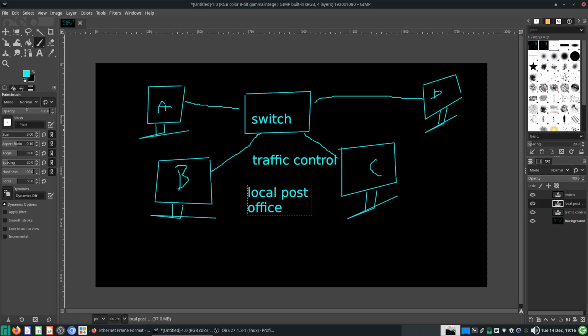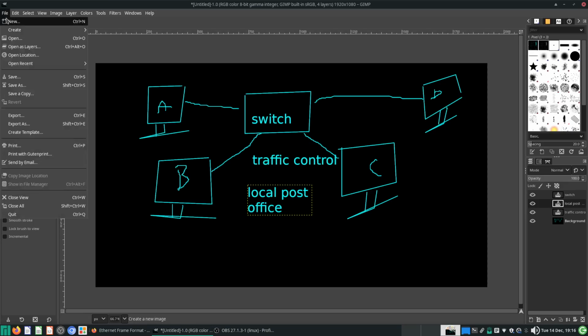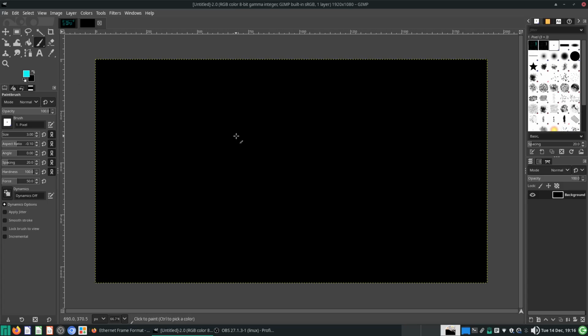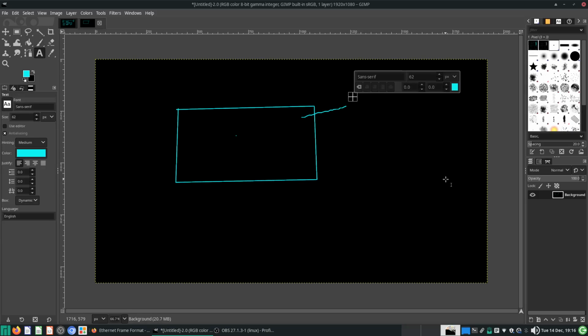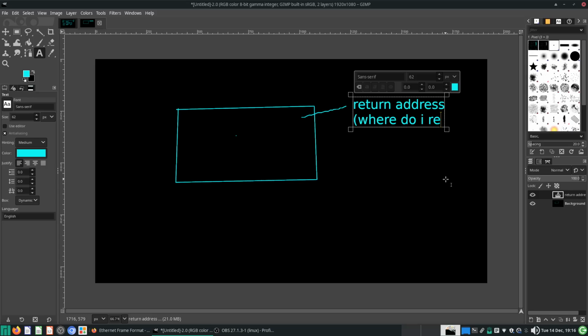And how is the mail sorted? All right, so let me have a new frame. How's the mail sorted? If you have ever written snail mail before, you know that there are a few things you need to fill in. You need to fill in the return address.